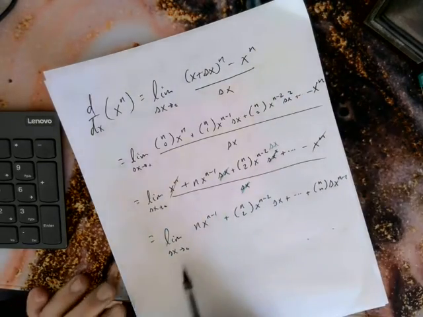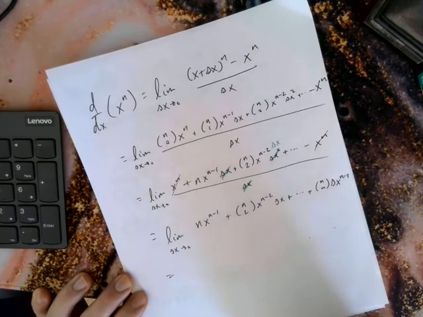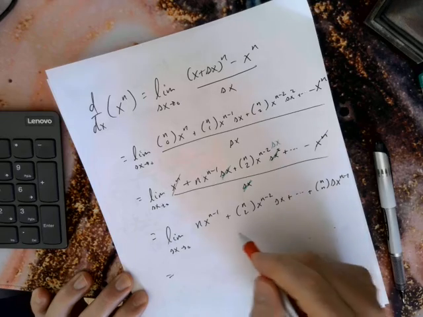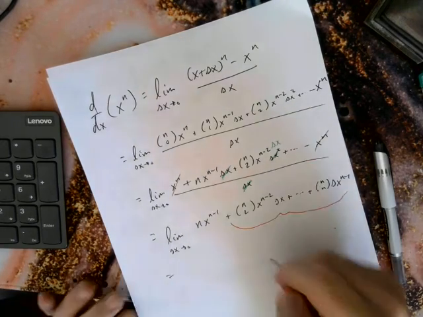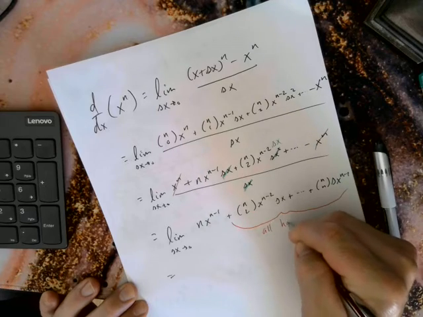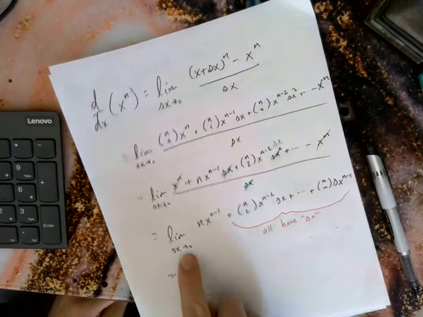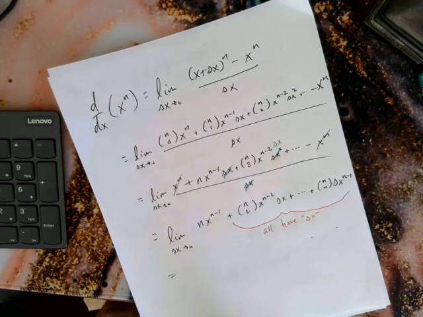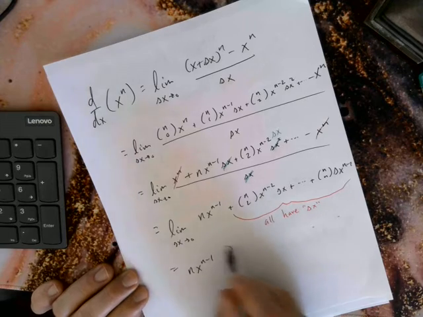And now it's okay to plug in 0 for delta x, because we no longer divide by 0. And when you do that, all of these terms have at least one power of delta x. Which means when you plug in 0, they all cancel out, leaving you with just n times x to the n minus 1.